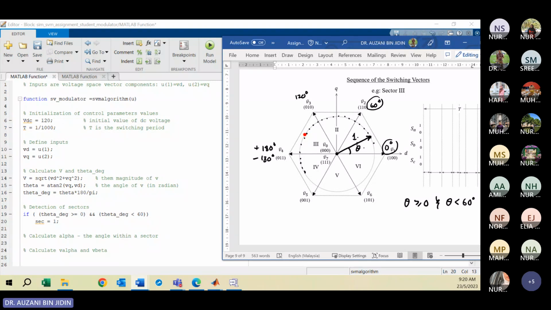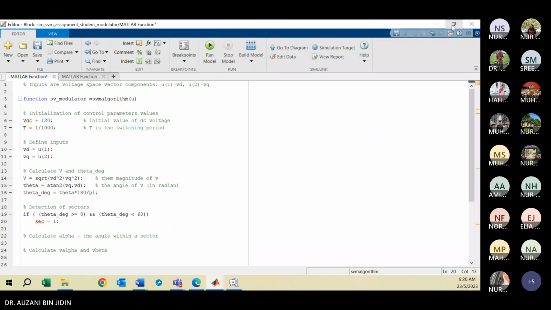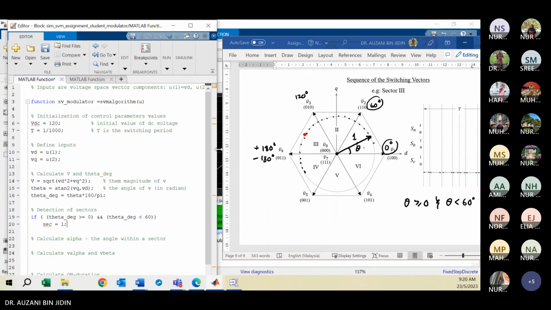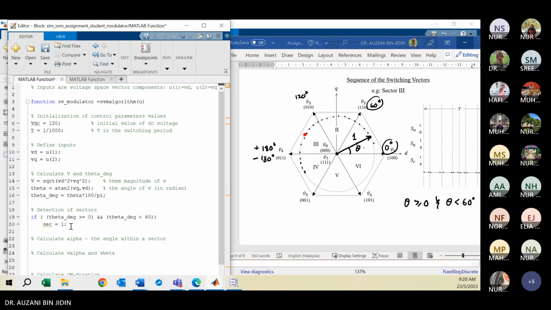Okay, then sector 2. Write the condition for sector number 2. Make it smaller. Else if. You can use else if.